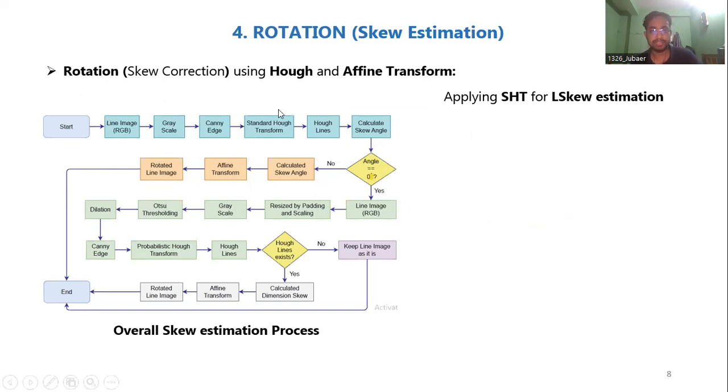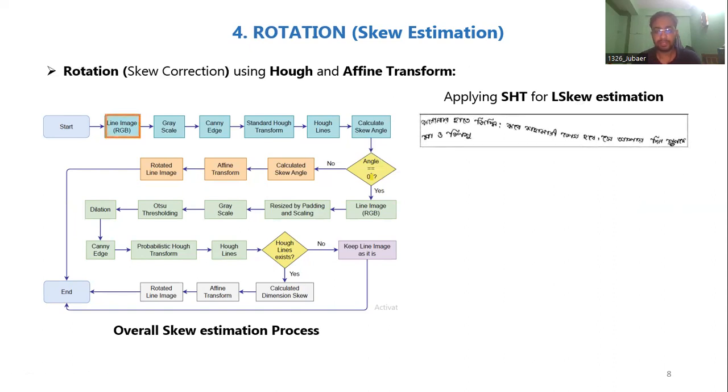And now we are going to see the skew estimation process. On my left, we have given the overall skew estimation process, and we started by applying a standard Hough transform for line skew estimation. First, we have the first line image, which is basically in RGB form.